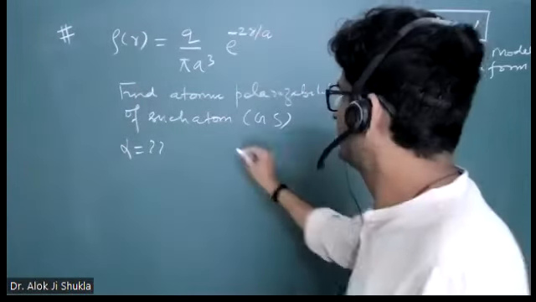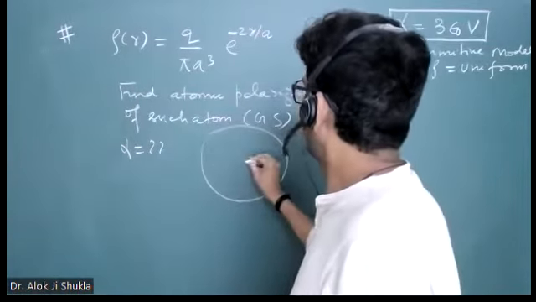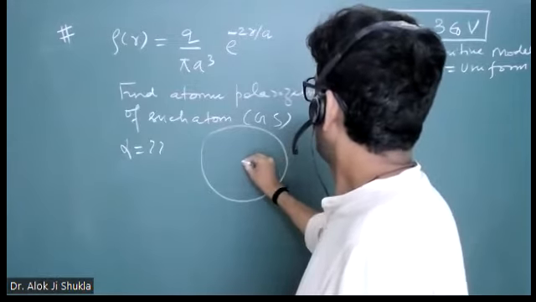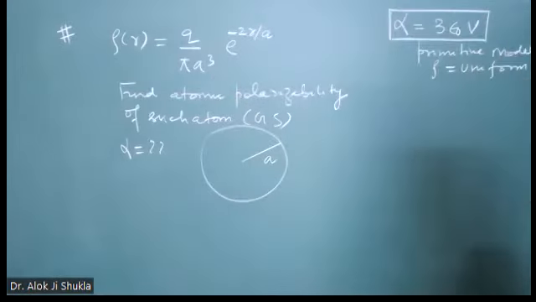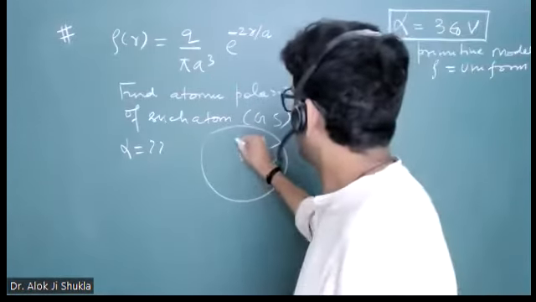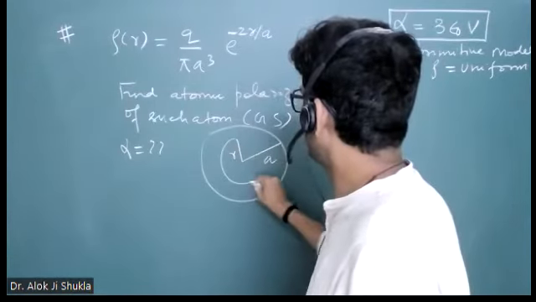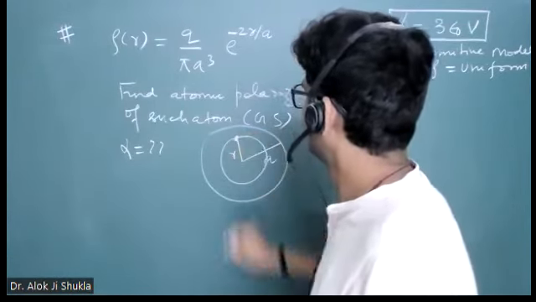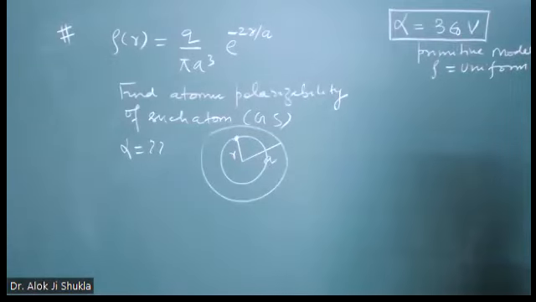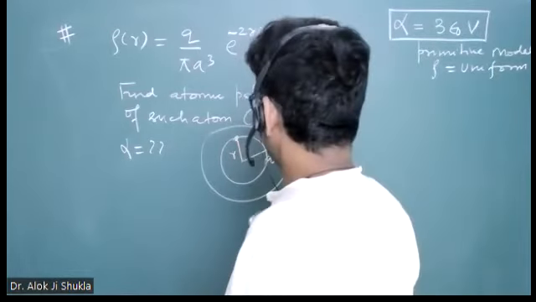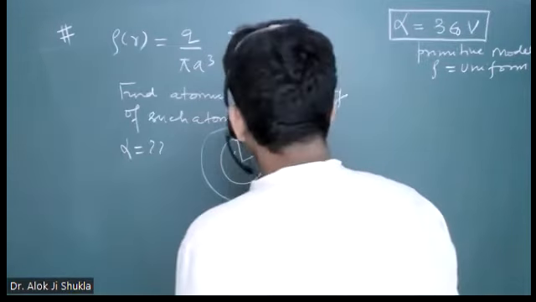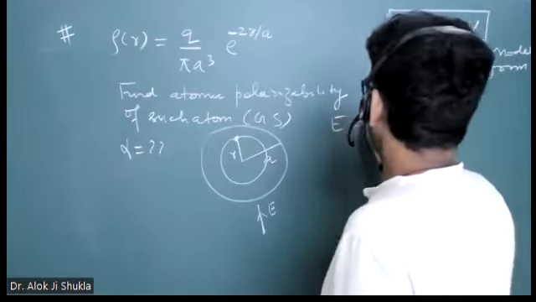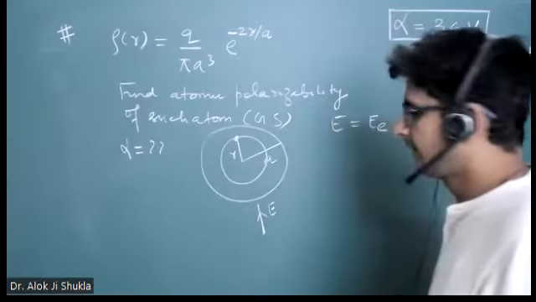The method is simple, that this is the radius, say a, it is given here now, Bohr radius, and we have to get the value of electric field somewhere here, right? Yes or no? Yes. And this field will balance with the external field applied. Suppose I have applied E, so it will balance with this. E is equal to E_e, correct?